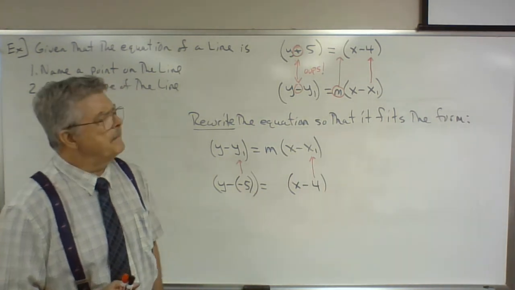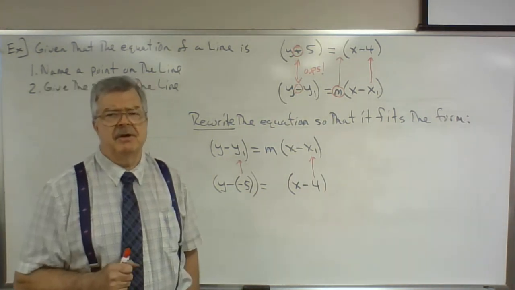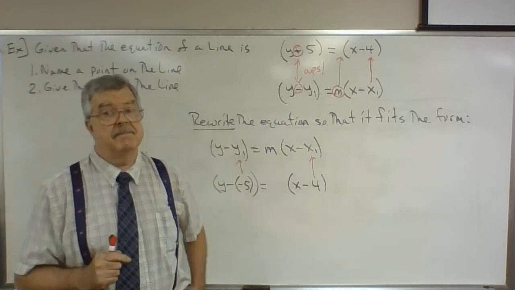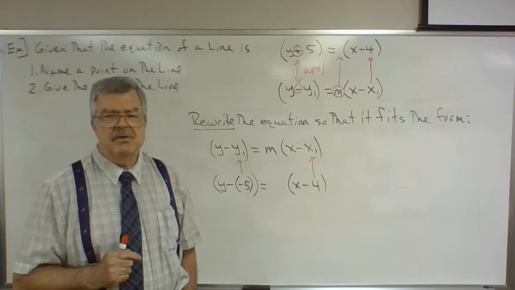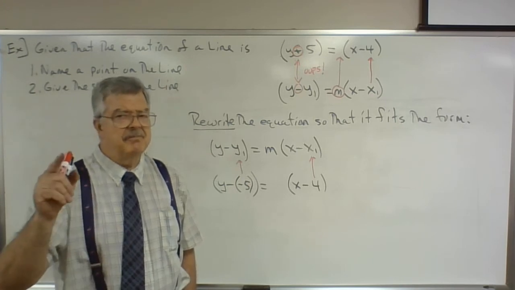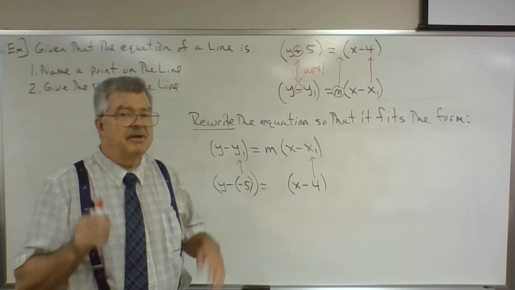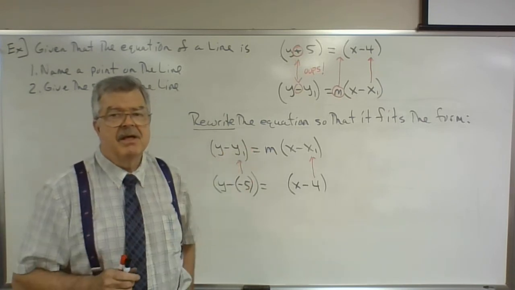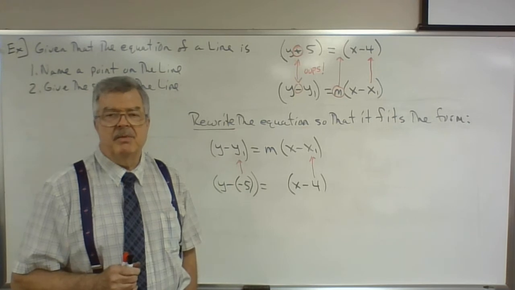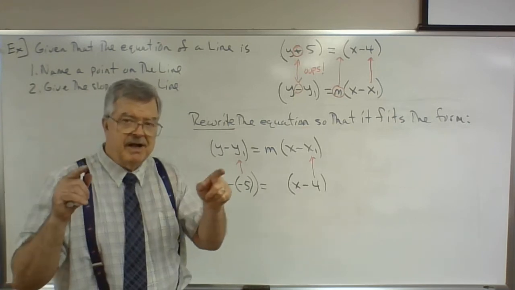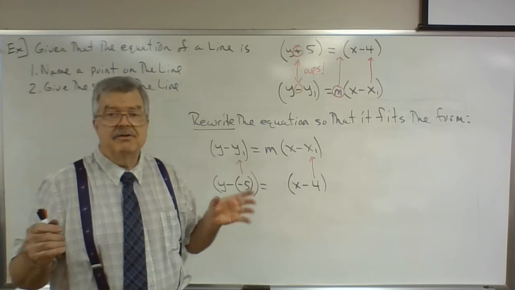And I'll tell you why. What's 1 times something? 1 times something is that something, right? So usually when we write down something, we don't write it as 1 times that something. We just write it as something. For example, when we have 5, we don't write 5 as 1 times 5. We just write it as 5.